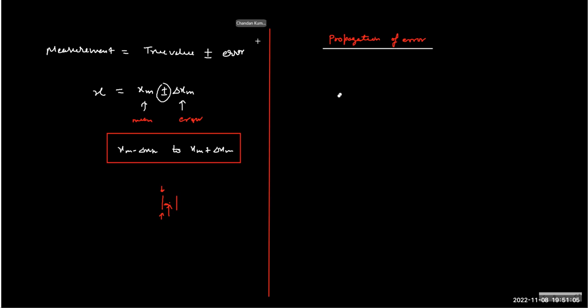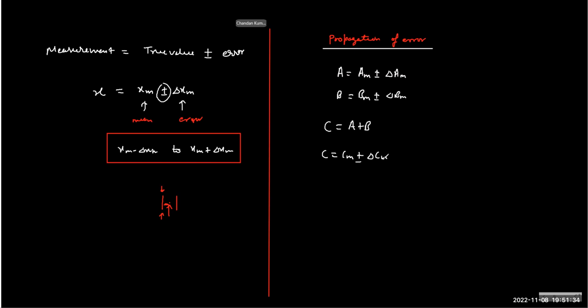And what you need to know is that if I have a quantity A, which I represent as AM plus minus delta AM, and a quantity B, which I represent as BM plus minus delta BM, then a quantity C, which depends on the summation A plus B, we can also represent as CM plus minus delta CM.